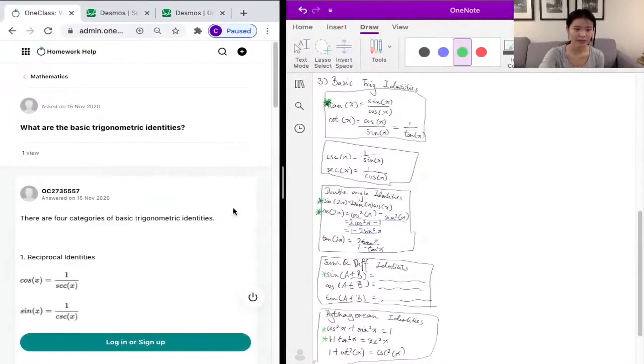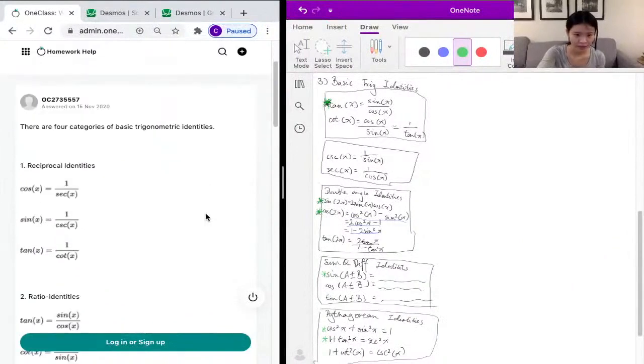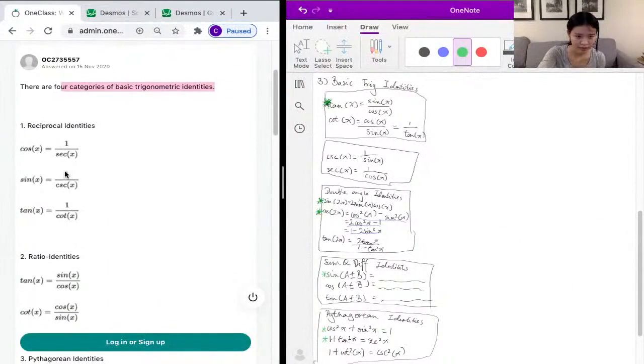Now let's look at the sample solution over here. They separated them into 4 categories. They have the cosine, and I think we covered those as well. I put the cotangent one here, and I wrote about secant and cosecant over here.